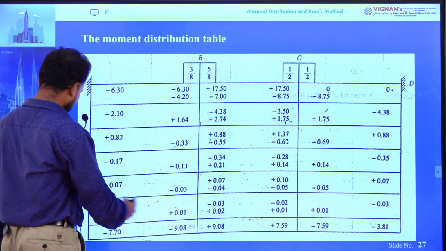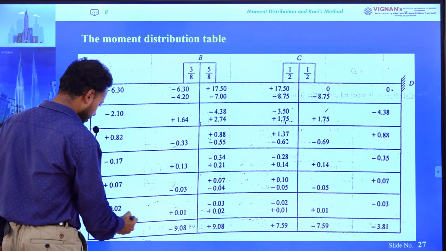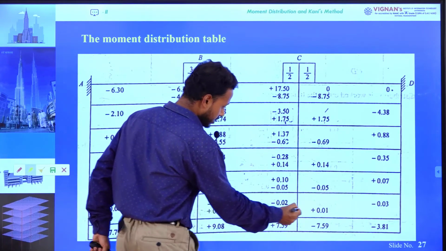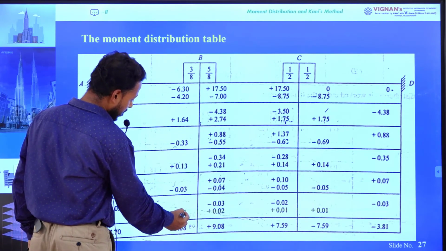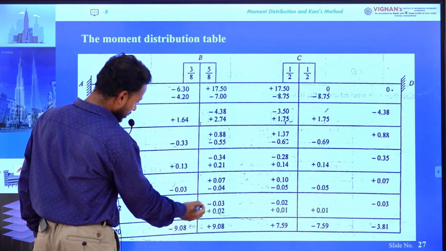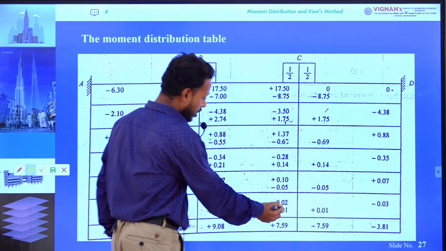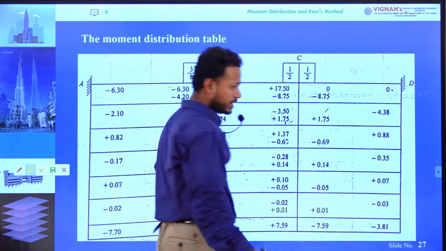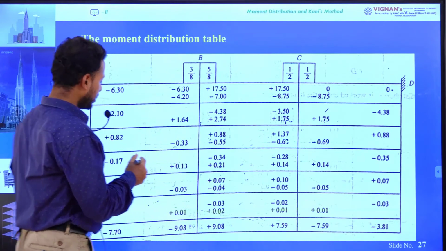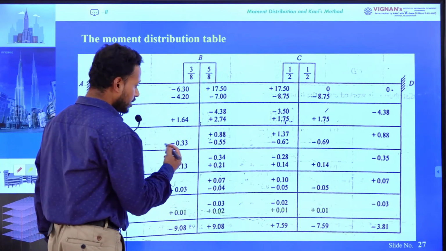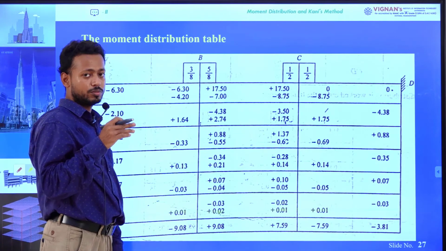Okay, so I have reached this level. Once you get the balance moments 0.01, 0.02, 0.01, 0.01, it is a very small amount of moment. Then only you can terminate the process, you can stop the process.